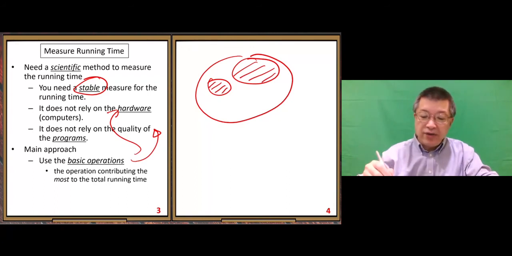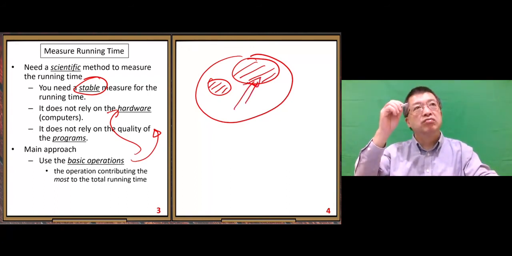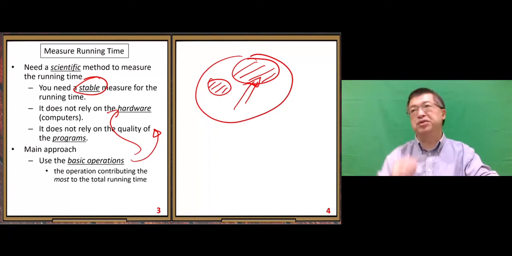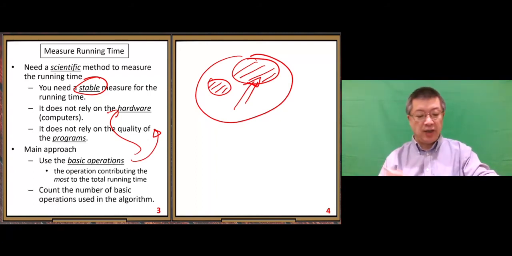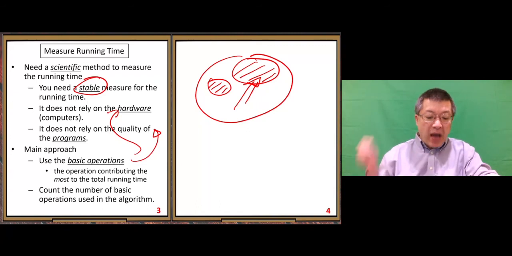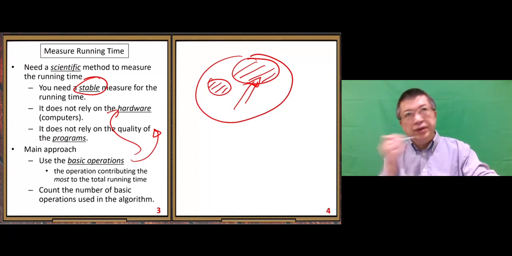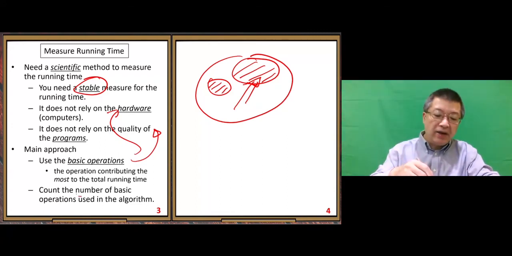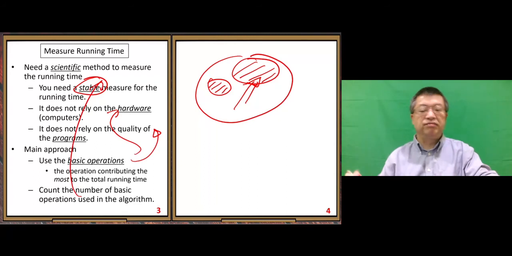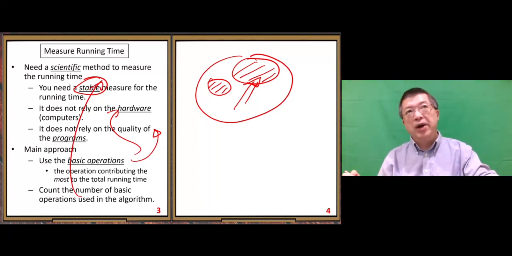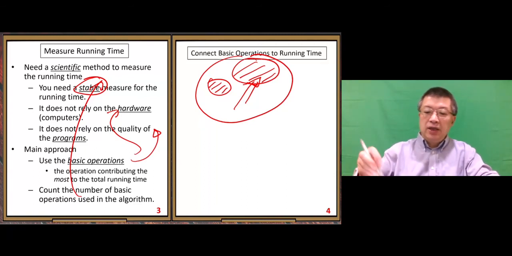So we look at the most contributing operations. Then we count the number of operations used in the algorithm. When we do that, we can get a stable measure, not related to hardware, not related to the program quality.